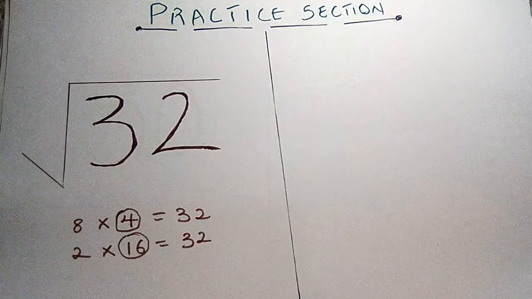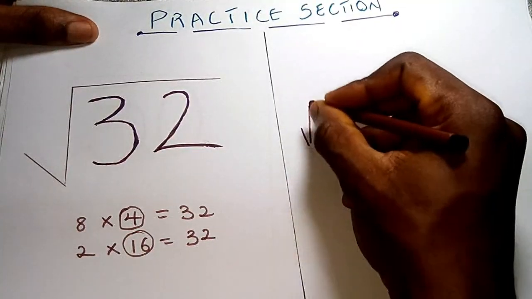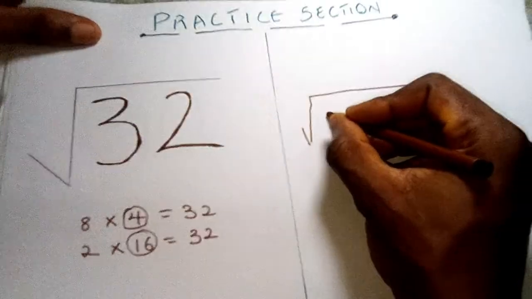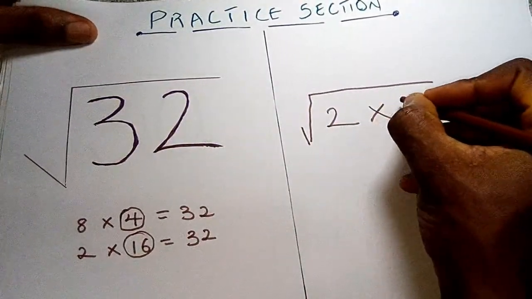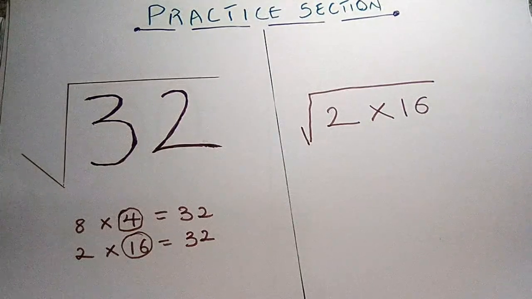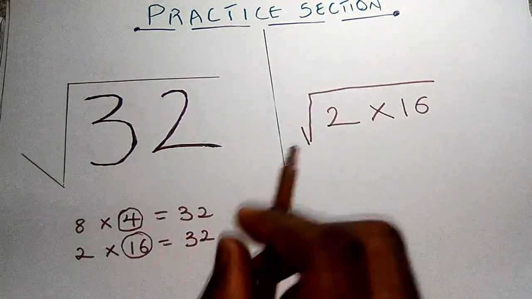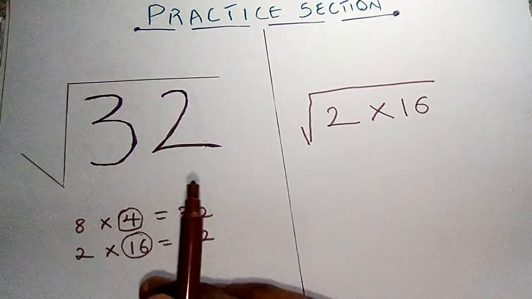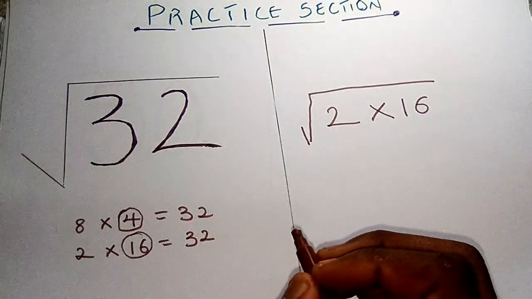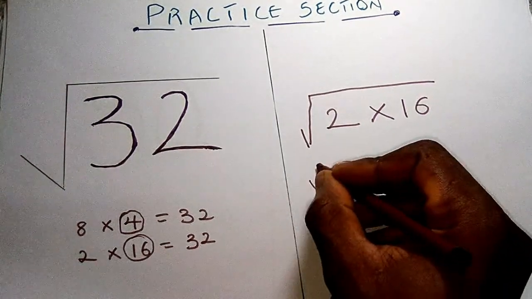So we have the root of 2 times 16. Now the next thing we're going to do is separate this, because in multiplication you can actually separate a number multiplied by another number in its surd form. So if you separate it, you have this.